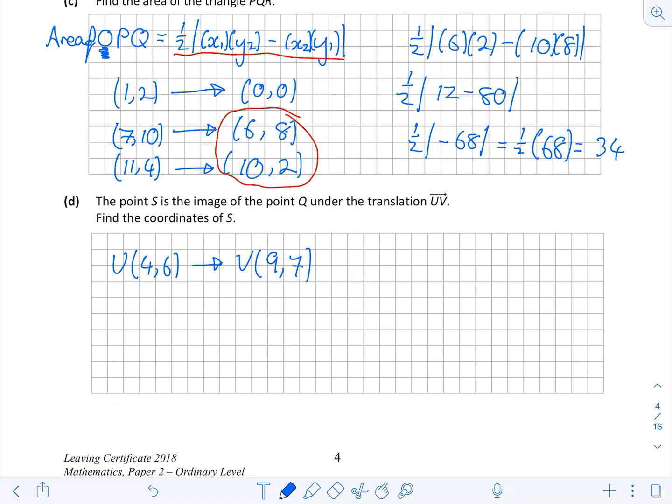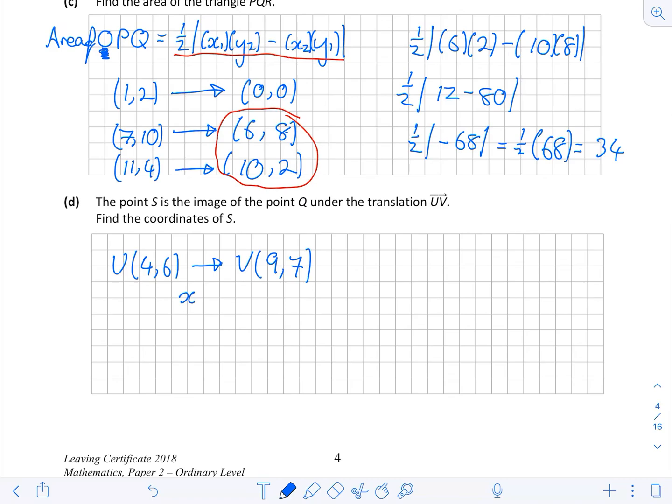And to do that, well, we increase the x by 5, and we increase the y by minus 1, or by plus 1. So the x value has increased by 5, and the y value has increased by 1.